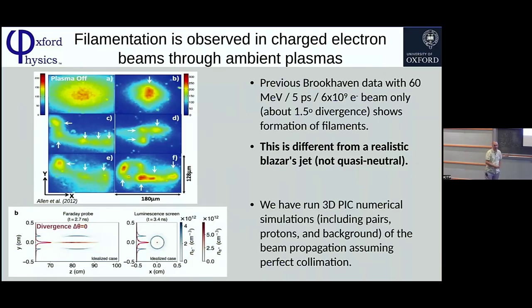Maybe Pablo can explain better, but what you see are electrons, positrons and protons, the image of the beam onto a foil as it crosses the foil. So this is an imprint of the beam onto a transverse foil. You see electrons here and protons and positrons there. This looks amazingly organized for a filamentation instability. Pablo?